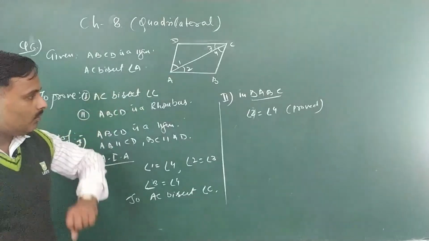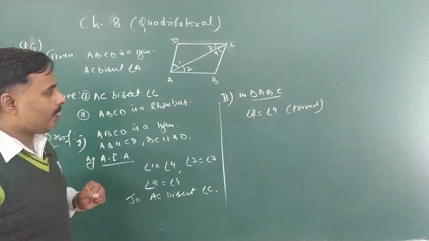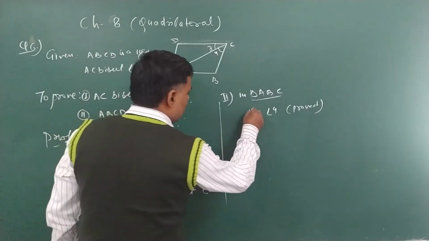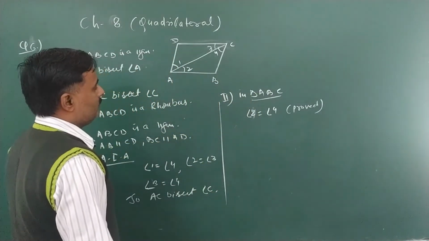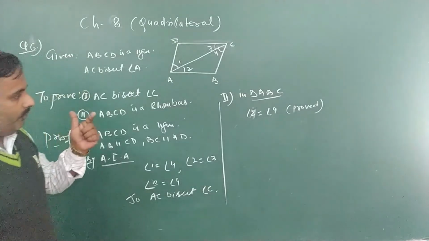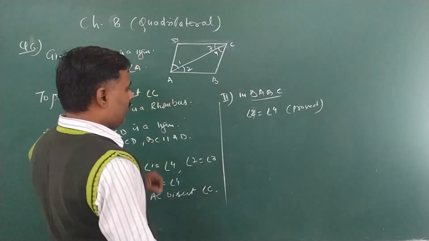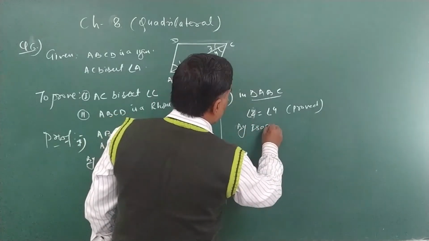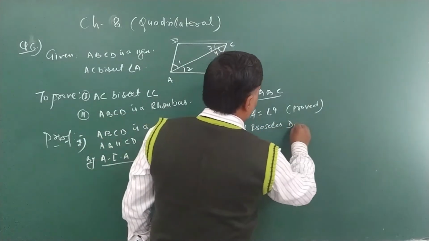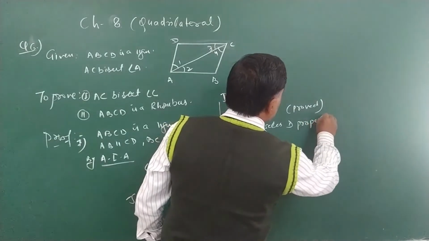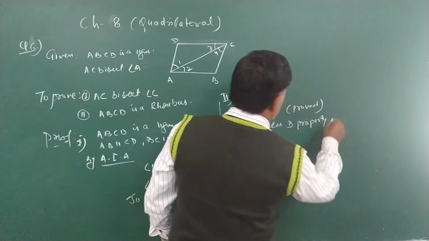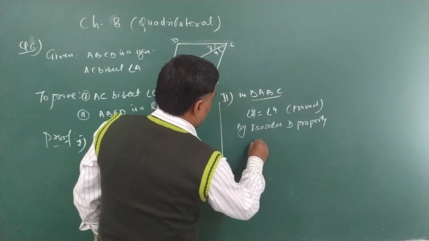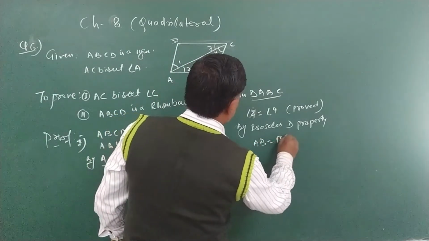If angle 2 and 4 are equal, then by the isosceles triangle property, we can say AB equal to BC.